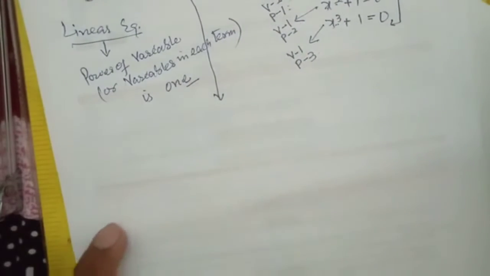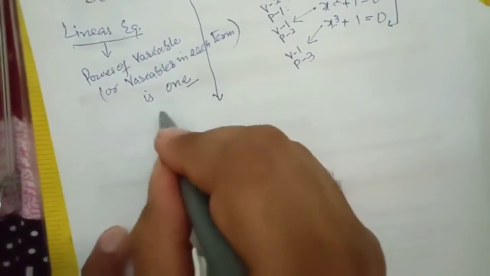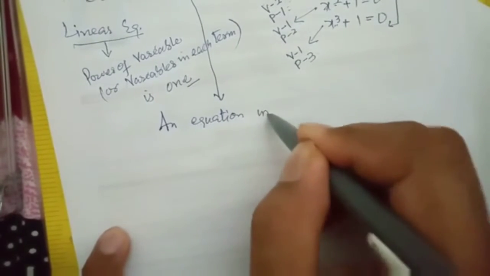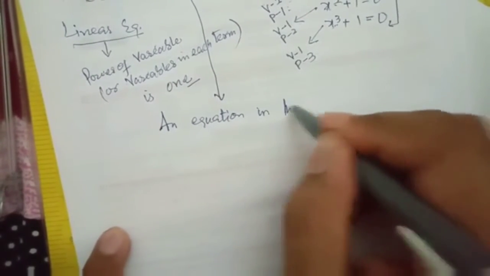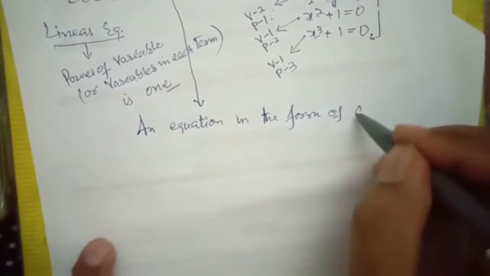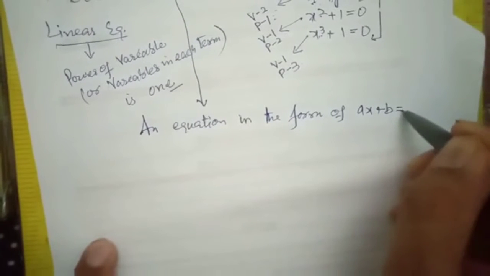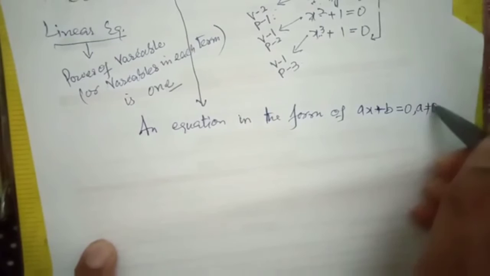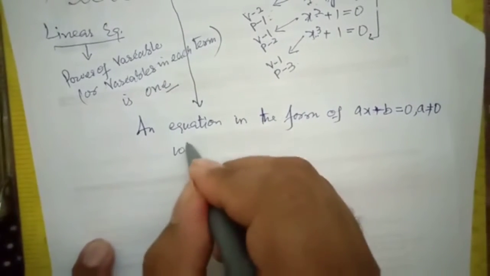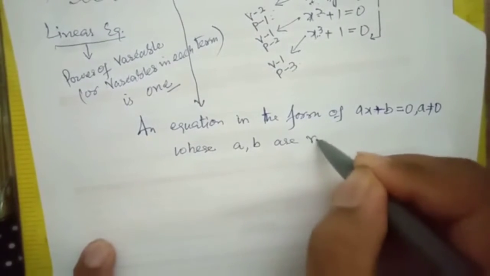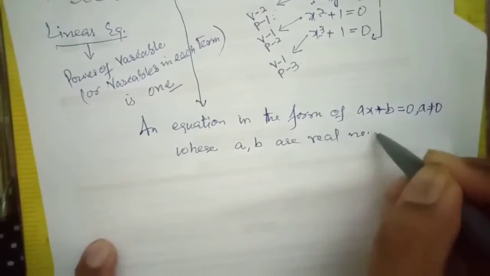We can generally define it as an equation in the form of ax plus b is equal to 0, where a is not equal to 0, and a, b are real numbers.